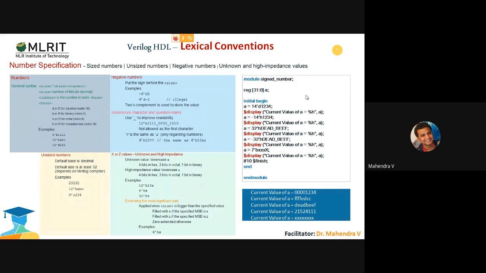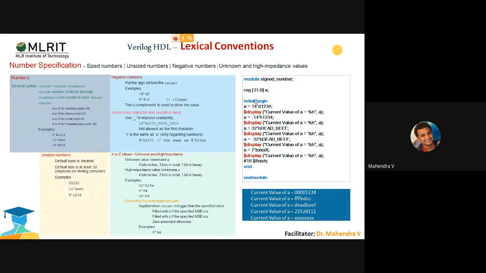Now this is one example of how it is done. Here we kept size 4, but only 1, 2, 3, 4 is given. While displaying it, it takes 4 zeros, because this is unsigned. And here you can see minus 32. Since that is signed, it will be displayed as 2's complement.